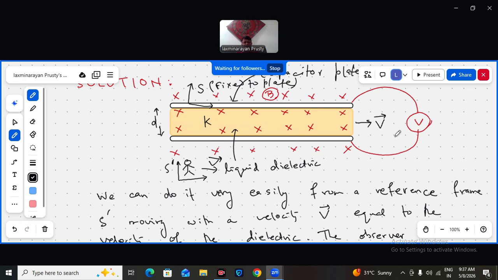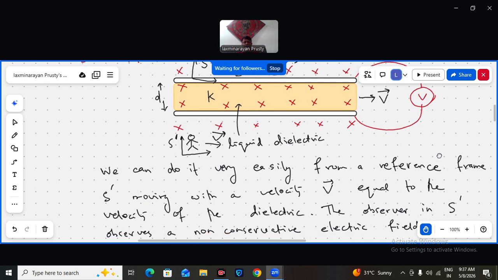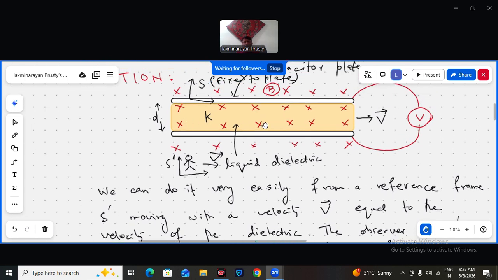So this S dash observer, which I showed, will not see any moving liquid because his velocity and the liquid velocity are the same in magnitude and direction. So relative to him, the liquid has zero velocity. It becomes a static liquid for him. Is it okay?